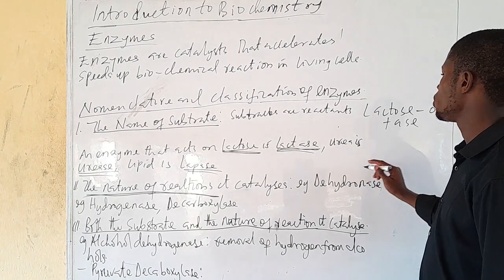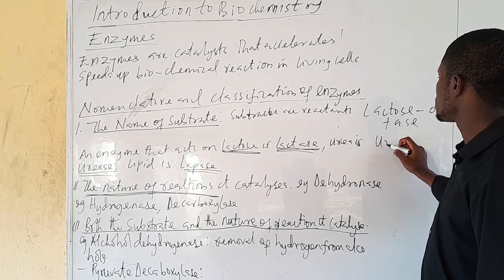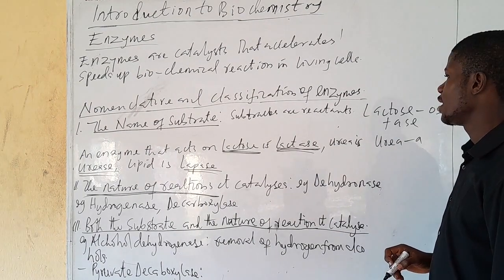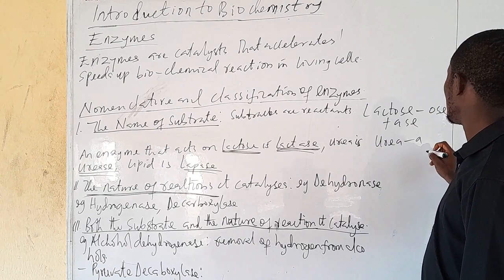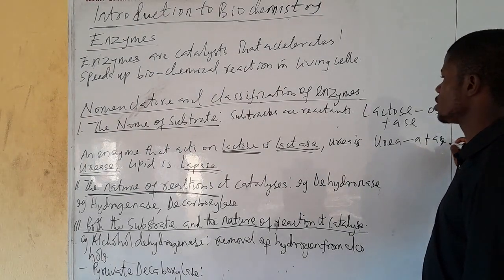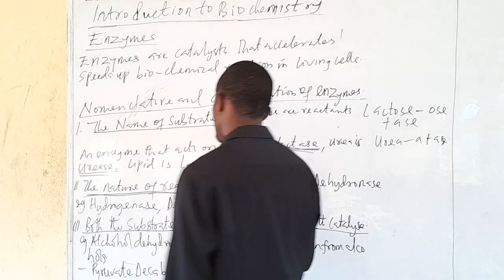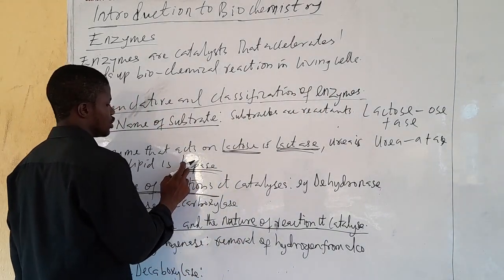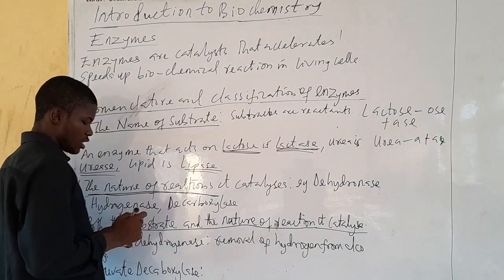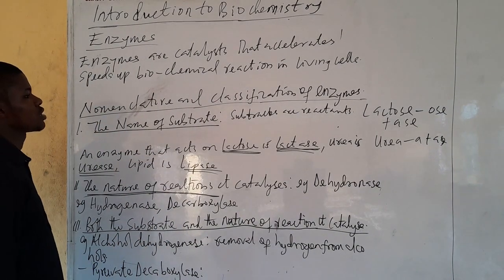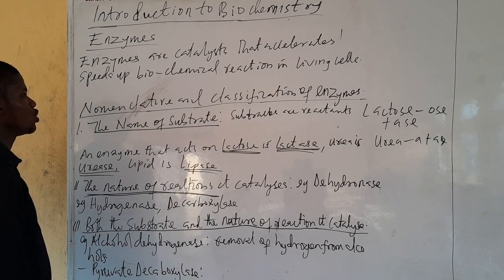The same thing in urea, there is removal of A and addition of ASE. Then lipase, in lipids, the enzyme is lipase. So the name of substrate is what you can use in the classification of enzymes.